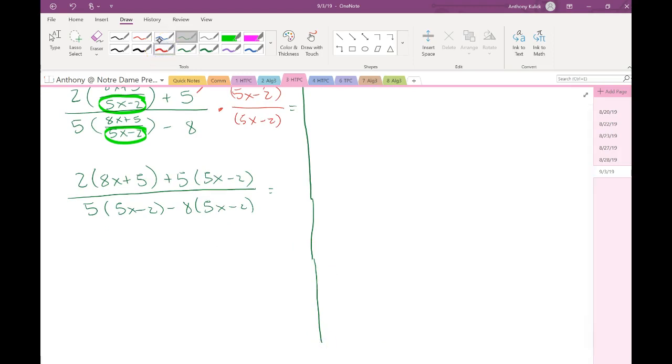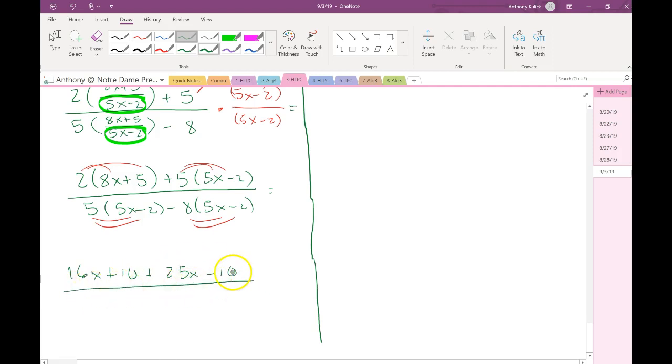And now we'll just do some distributing and some simplifying. So let's see, 16x plus 10 plus 25x minus 10 over 25x minus 10 minus 40x plus 16.